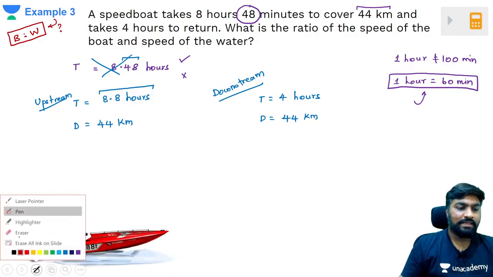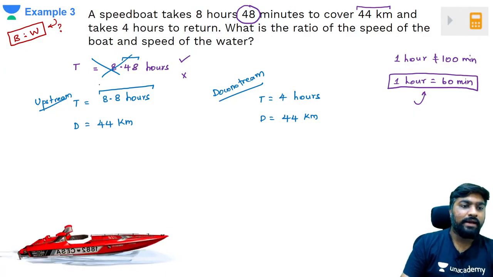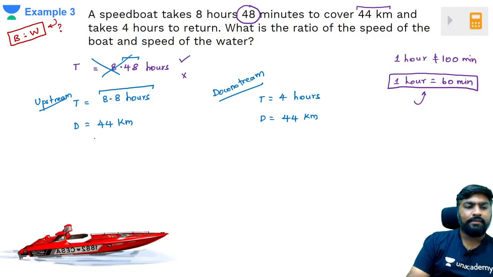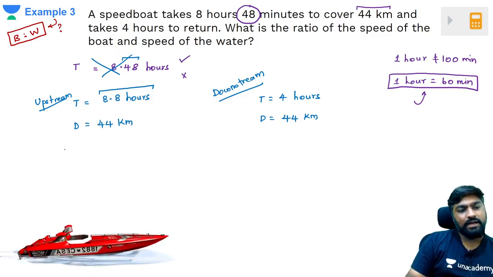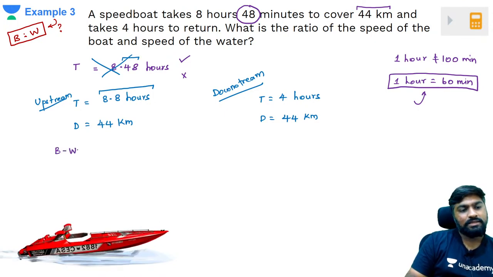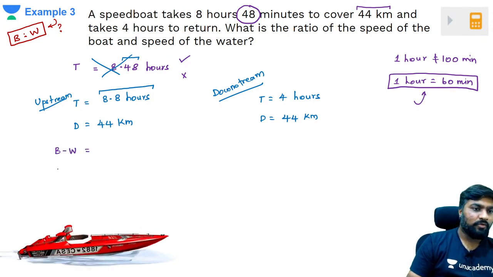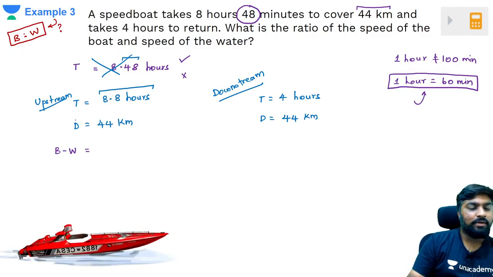So with that being told to us, let's try to figure something out. Let's do it in the traditional method. We can find out the speed, right? Speed here is going to be the difference between speed of the boat and speed of the water. Why? Upstream. What is it going to be?